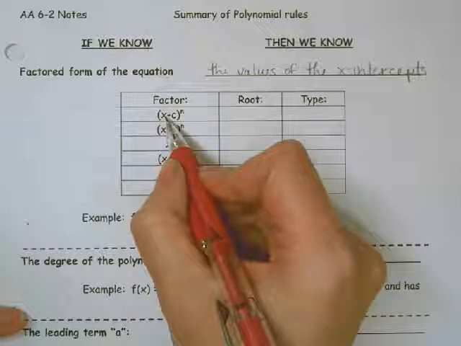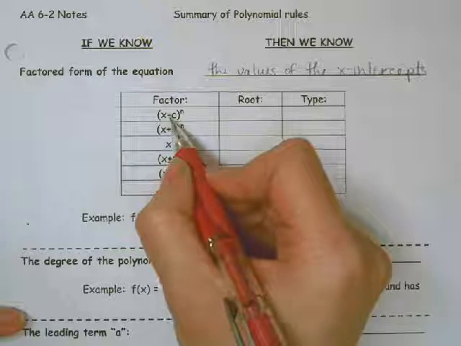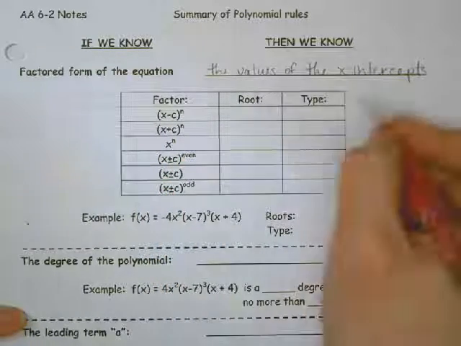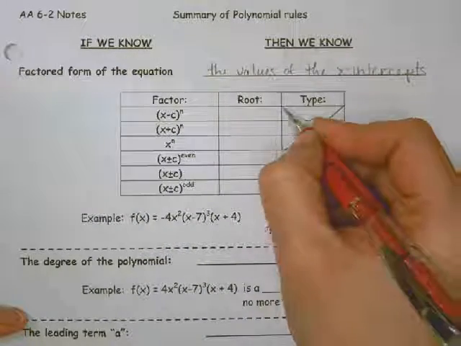If the factor is x minus c to the n, I'm not looking at the exponent right at this moment, that part's not important, so I'm going to x out that, and we'll talk about that in just a minute.